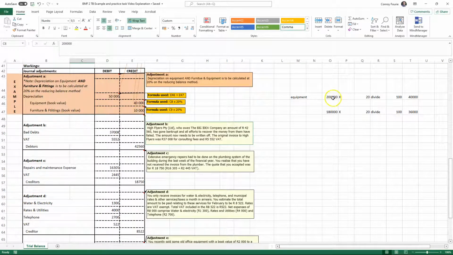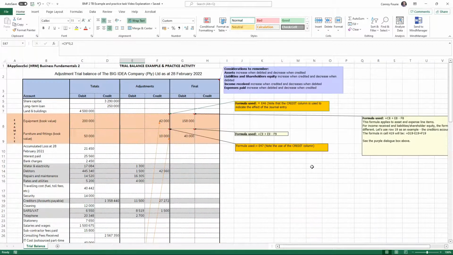So you can see that's the 200,000 over where I've got it over here, 200,000. And then multiply by 0,2, it's shorthand for 20 divided by 100, because 20 divided by 100 gives you 0,2. Okay, so just so that you don't get confused with that, okay? And the same for that one, it's multiplied by 0,2, the asset value.